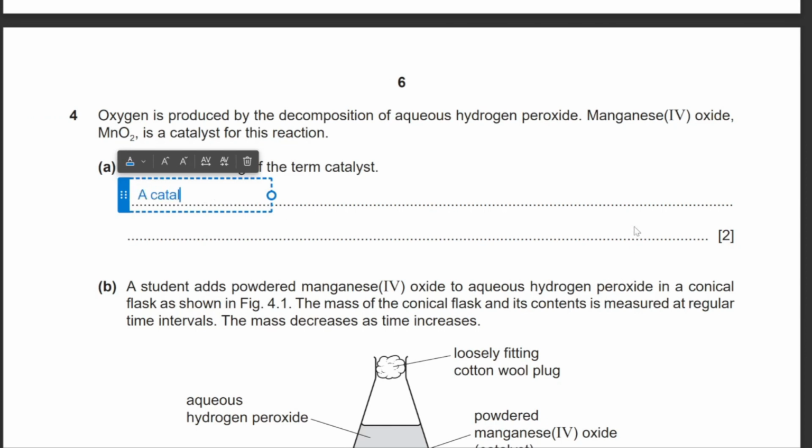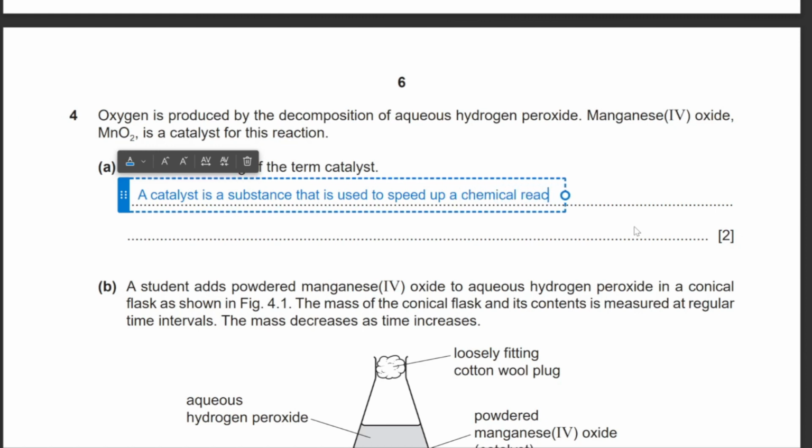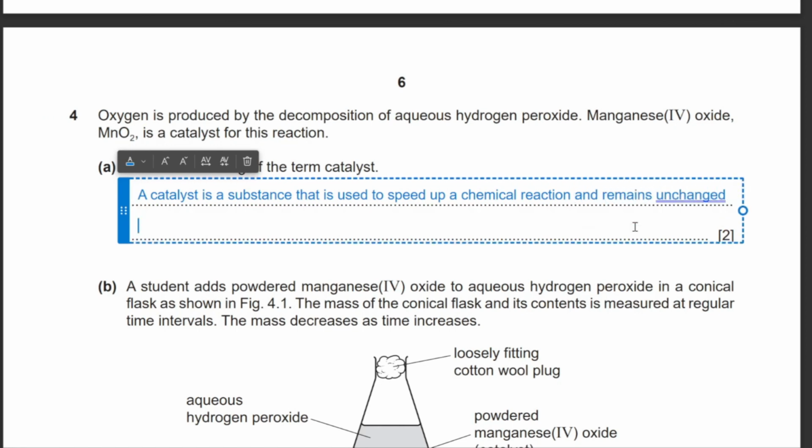A catalyst is a substance that is used to speed up a chemical reaction and remains unchanged at the end of the reaction.